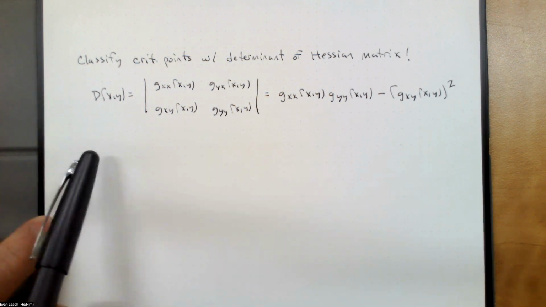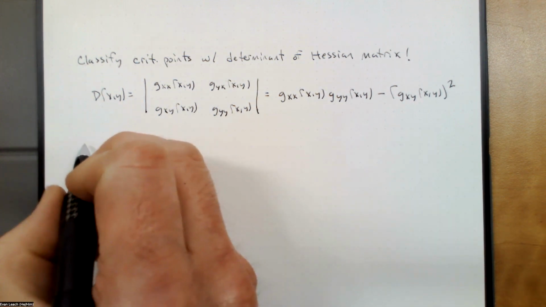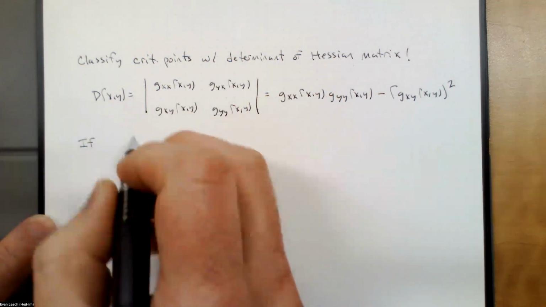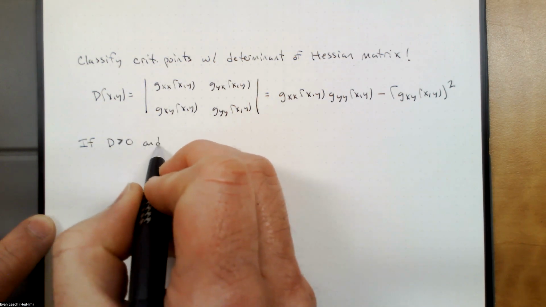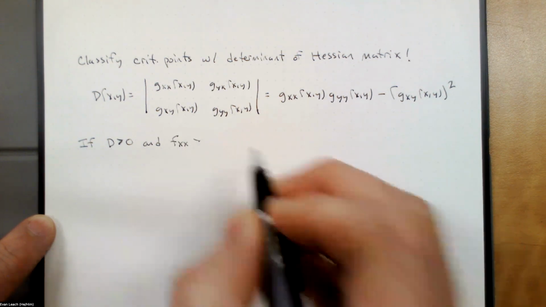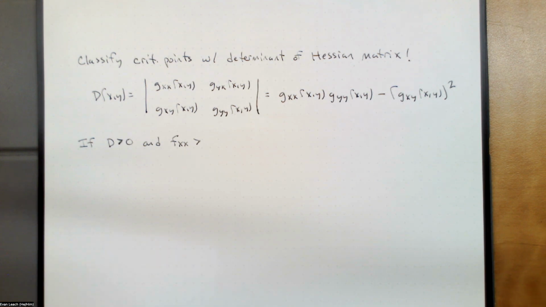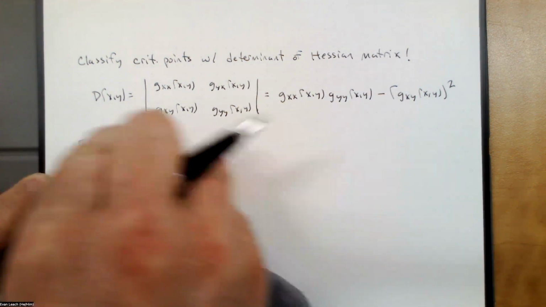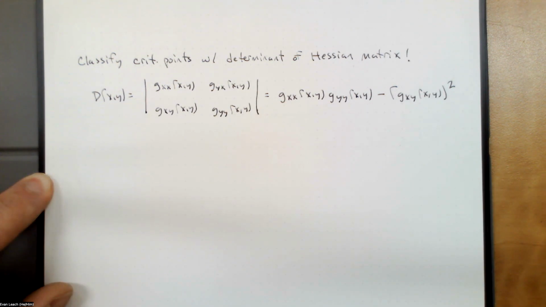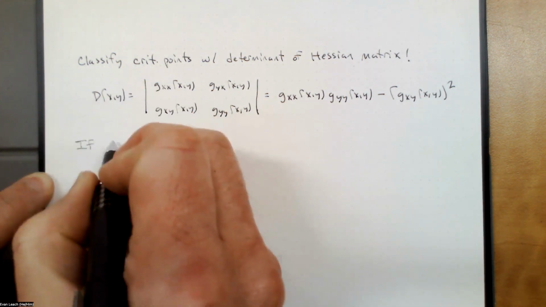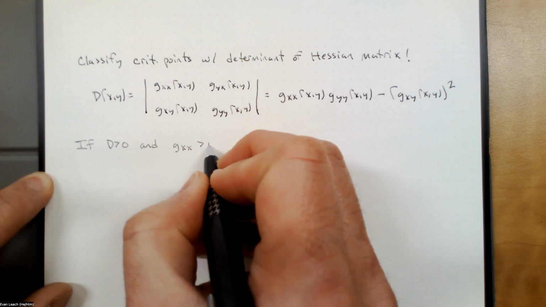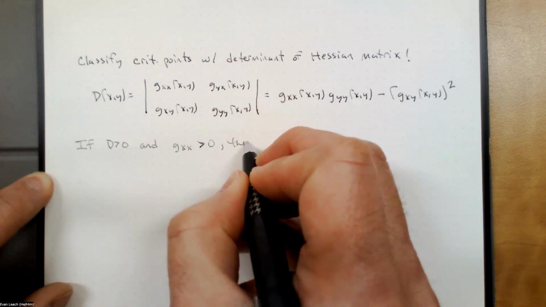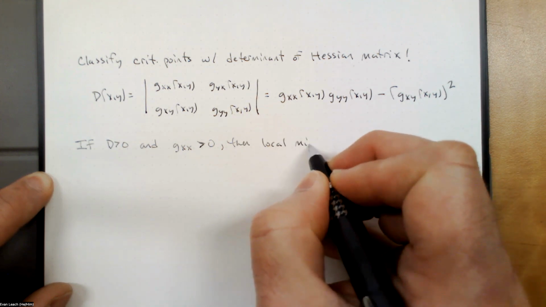So here's how we use this second derivative test. At each of these points, if D is positive and gxx is positive, then local minimum.